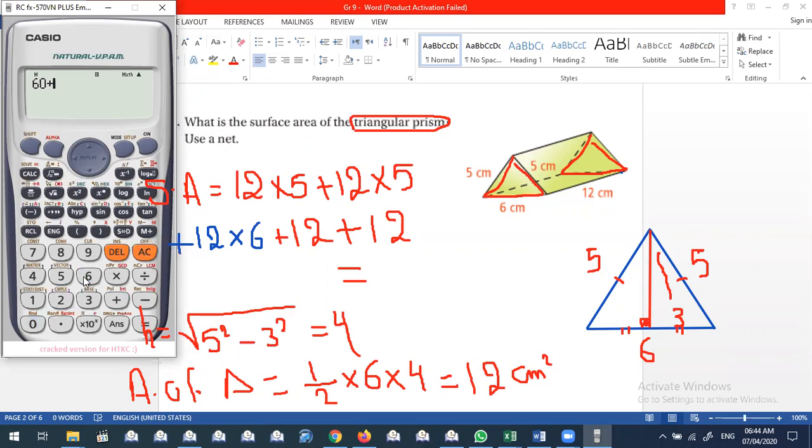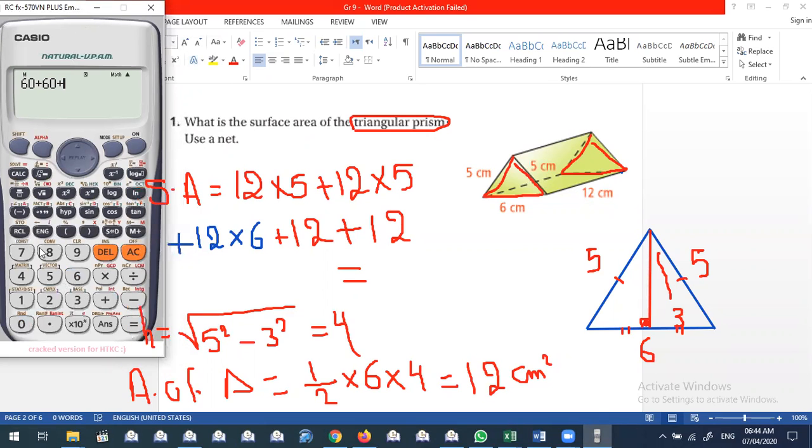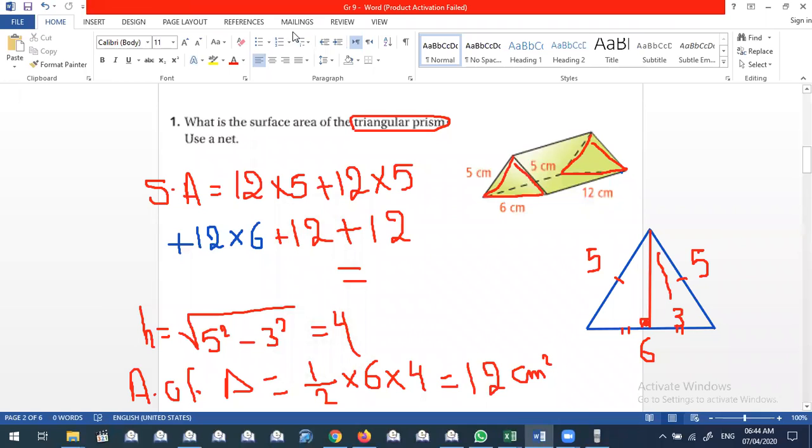So 60 plus 60 plus 12 by 6 is 84 plus 84 plus 12 plus 12 again. The final answer 228 centimeter square. So the surface area of this triangular prism is 228 centimeter square.